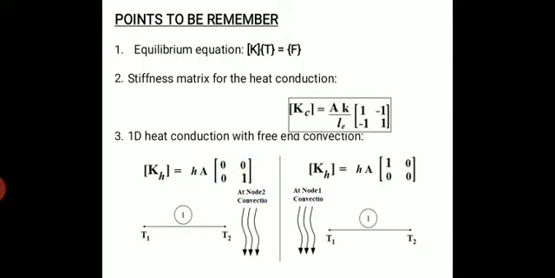For the same problem, if convection is happening at the beginning, that is at node 1, the 1 appears at position 1,1 in the matrix. You have to be very careful about these two things when you are putting in the formula. Wherever there is a convection, at that node you will have the number 1.